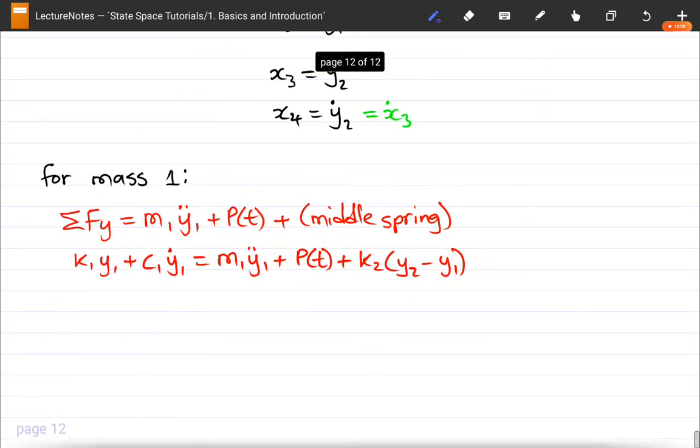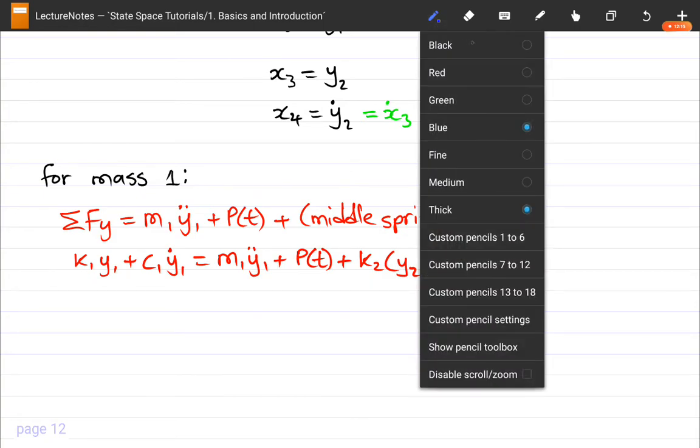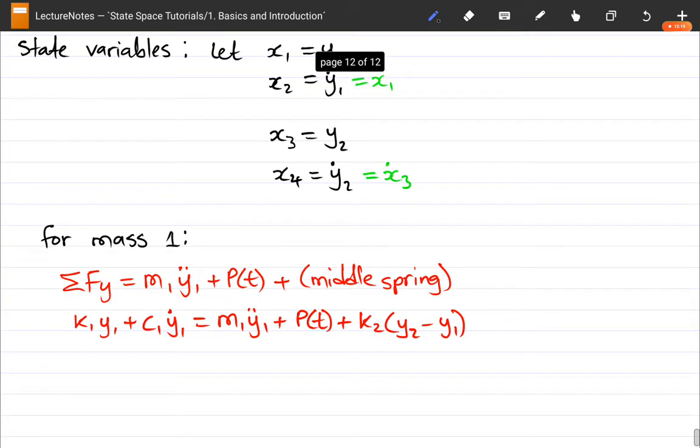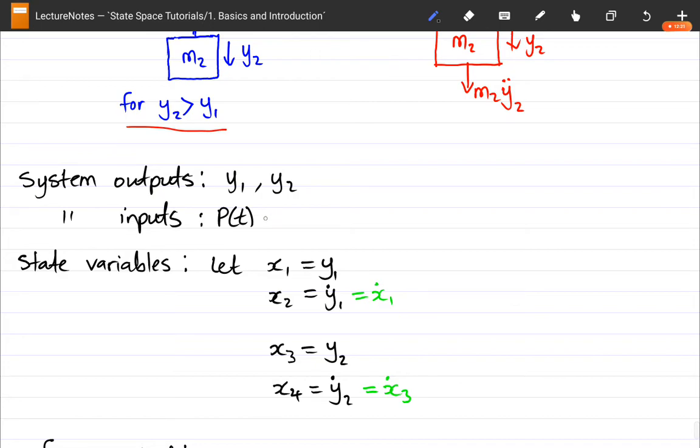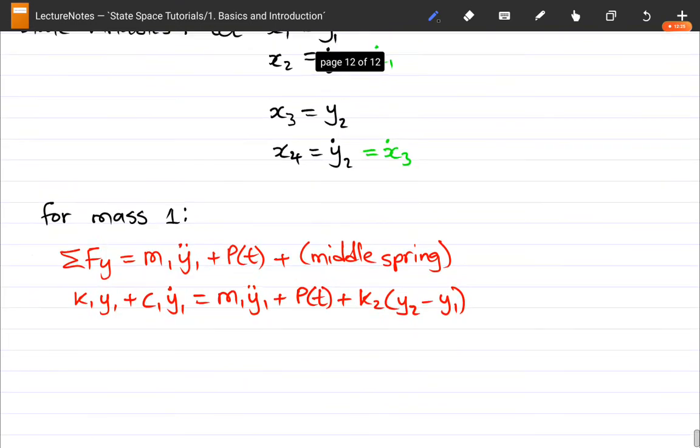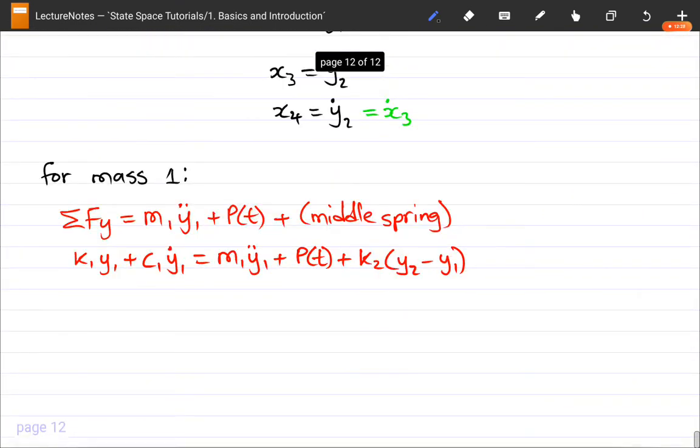Okay, so that's the first one, and we can now expand it in terms of our state variables. Do we have to feature our input? Yes, we do. I forgot to specify that we're going to name this U, because that's our input.